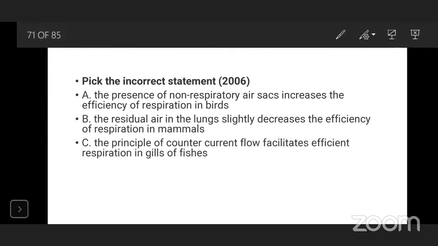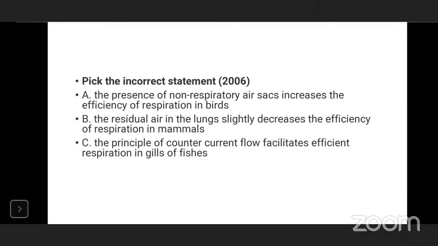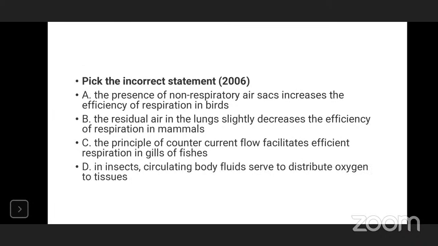Third, the principle of counter current flow facilitates efficient respiration in gills of fishes. And fourth, in insects, circulating body fluids serve to distribute oxygen to tissue. So among these, what is the incorrect statement?